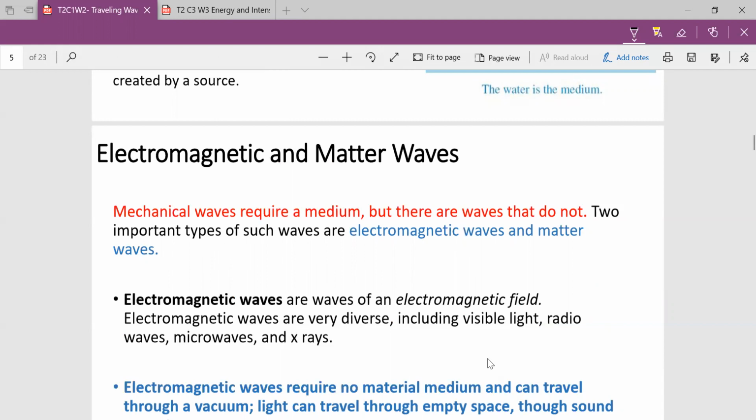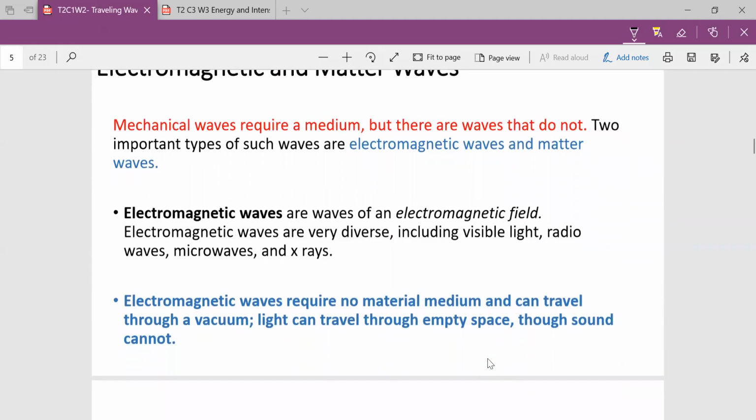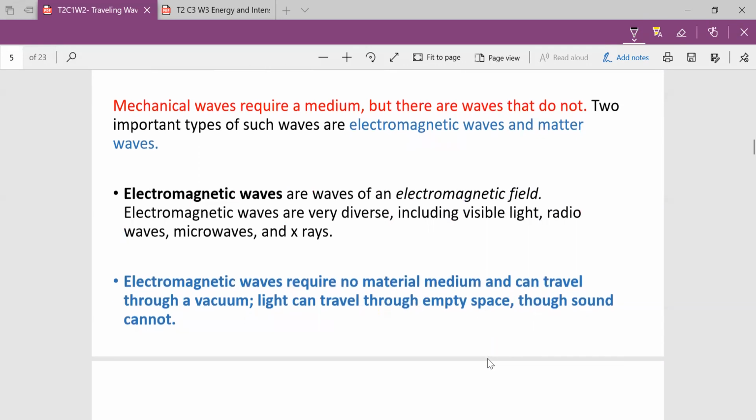and they are electromagnetic waves and matter waves, all right? Electromagnetic waves are waves of an electromagnetic field. They are very diverse, including visible light, radio waves, microwaves, and X-rays.